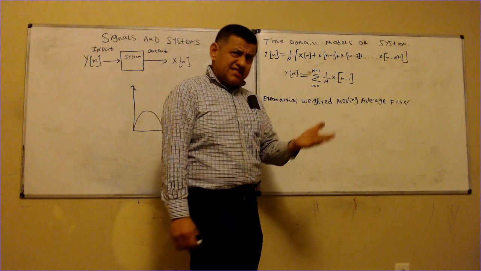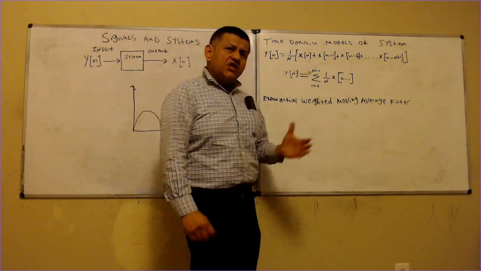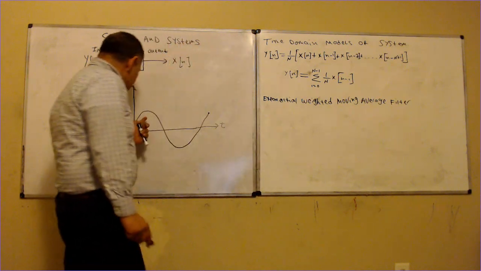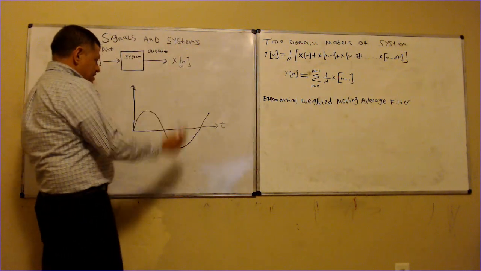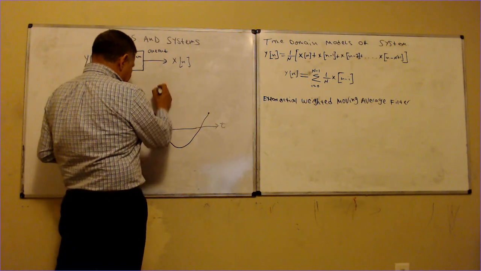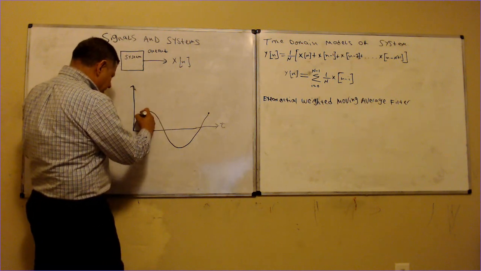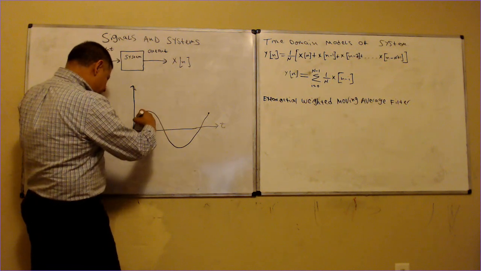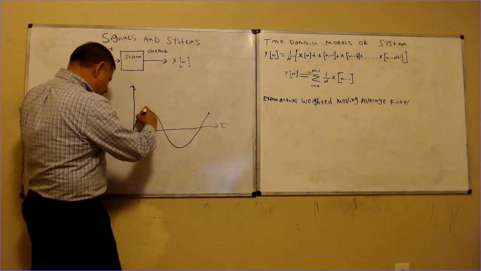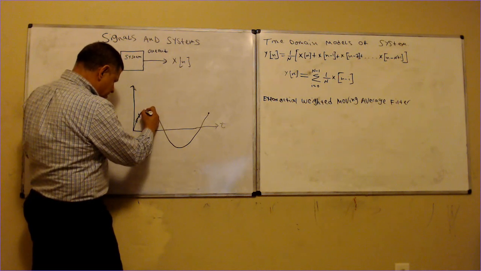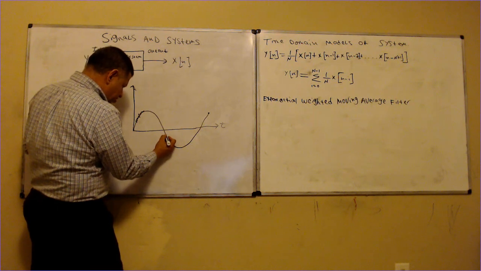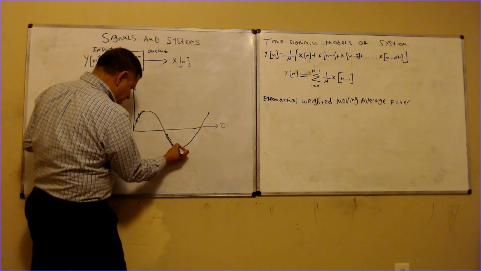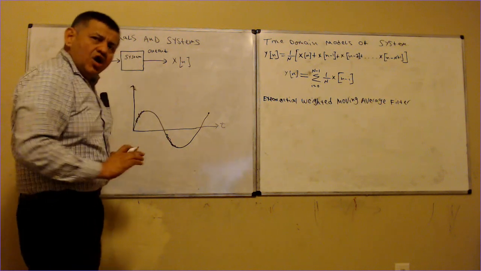Those types of systems generate a lot of noise. Why? Because instead of having a clean signal like this, they will have something like this, with a bunch of loops or zigzags like this.